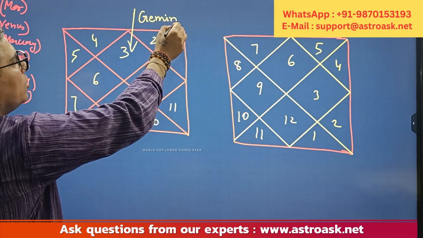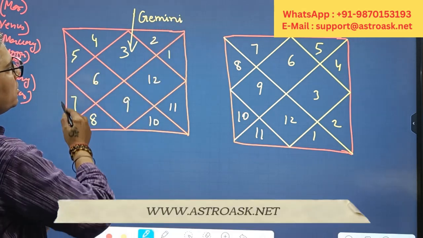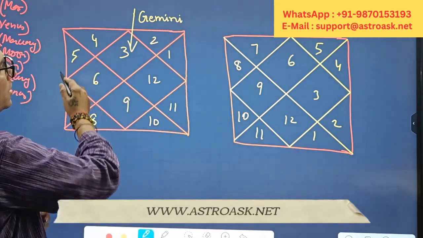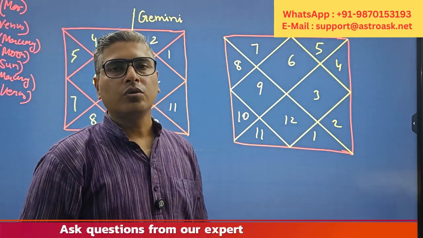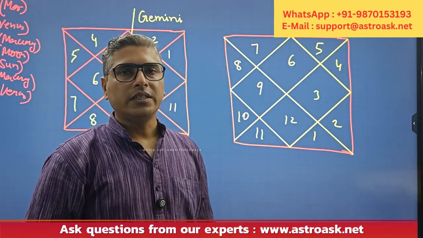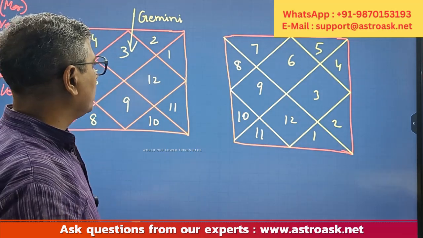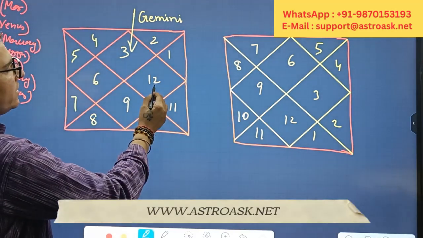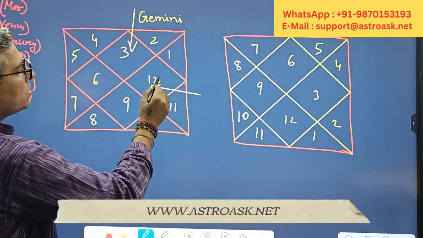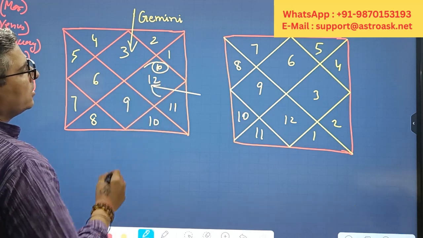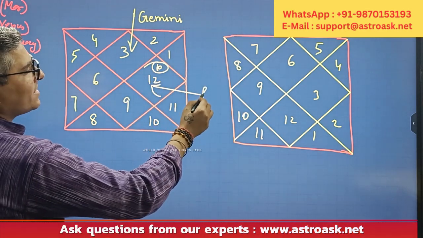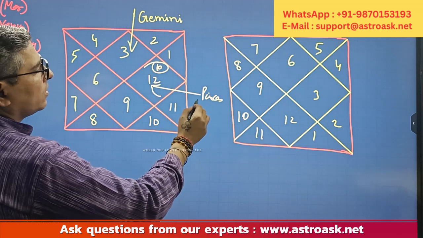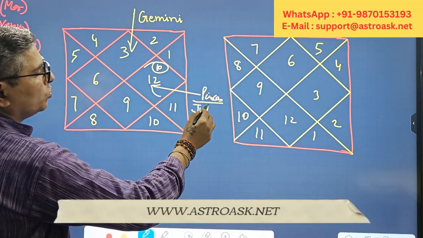That means the lord of this birth chart, the Lagna lord, is Gemini, and Gemini belongs to Mercury, as we have already discussed. Now the lord of the 10th house, this is your 10th house, right? The sign of the 10th house is Pisces, which belongs to Jupiter here.